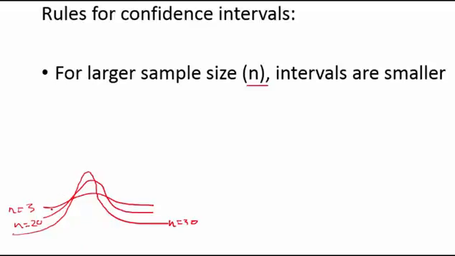Okay, so in that n equals 3, this range here, let me just pick a range, left to right. In the n equals 3, that might have only captured something like 70%.